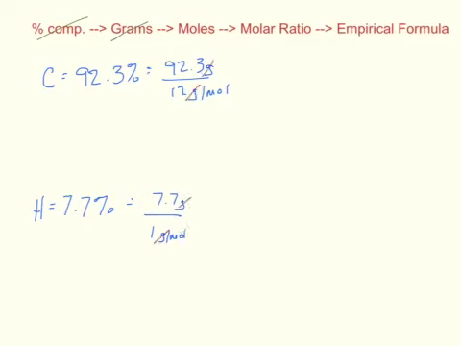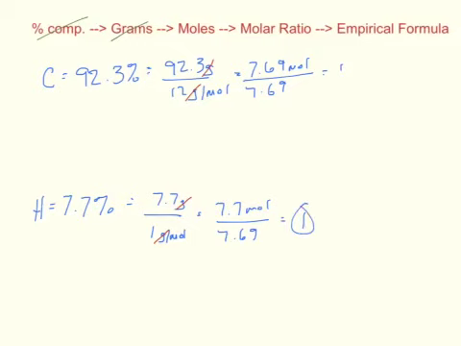We're left with moles, and that is going to give us about 7.69 moles and 7.7 moles. Now if you rounded carbon to 7.7, perfectly fine. Right here I'm just going to use 7.69. Obviously that is going to give us 1 for each.